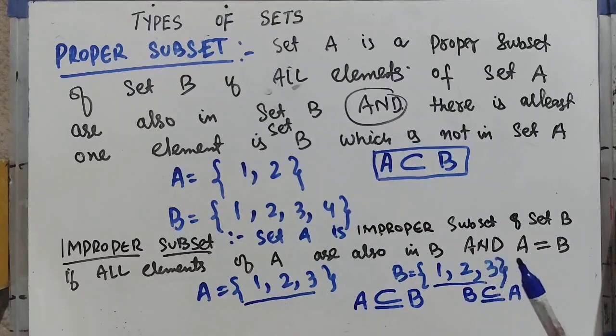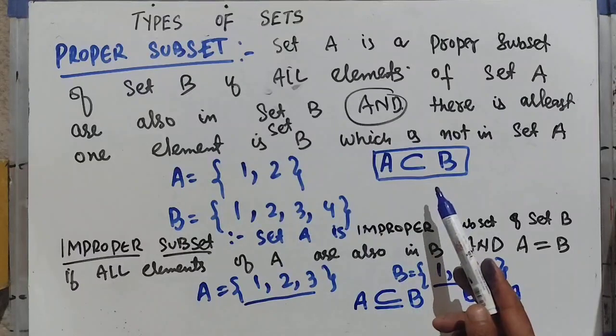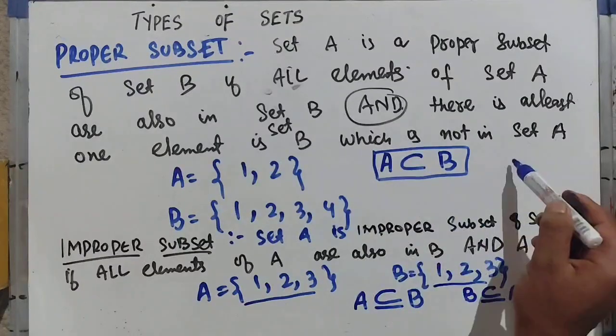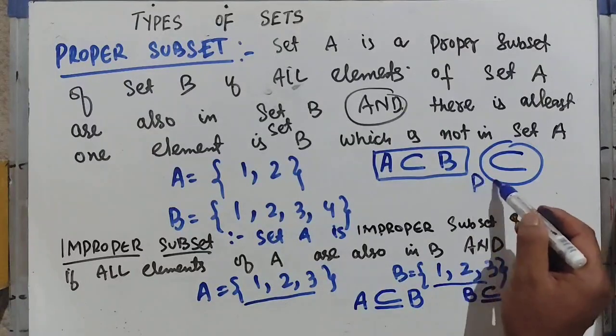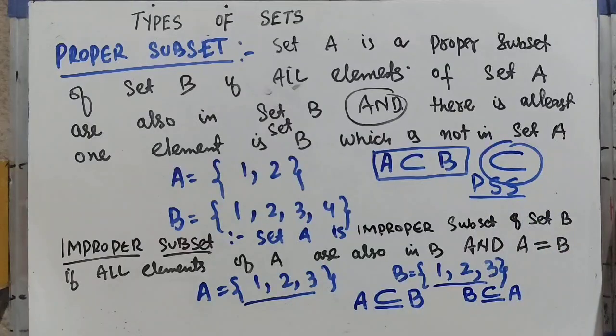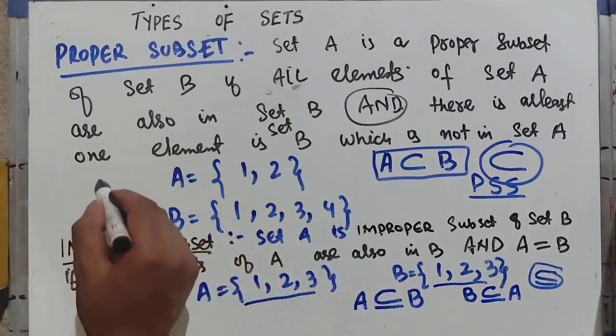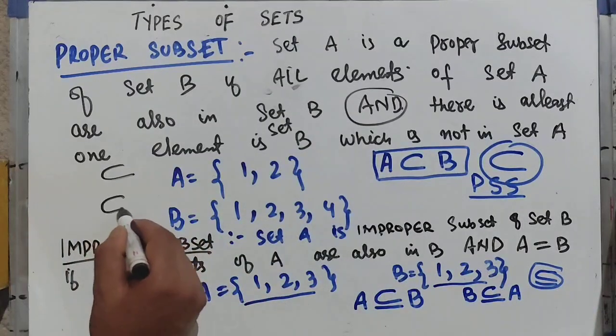Now this symbol is exclusively used for showing proper subsets, while this symbol represents any subset, including the improper subset. So this is the difference between this symbol and this.